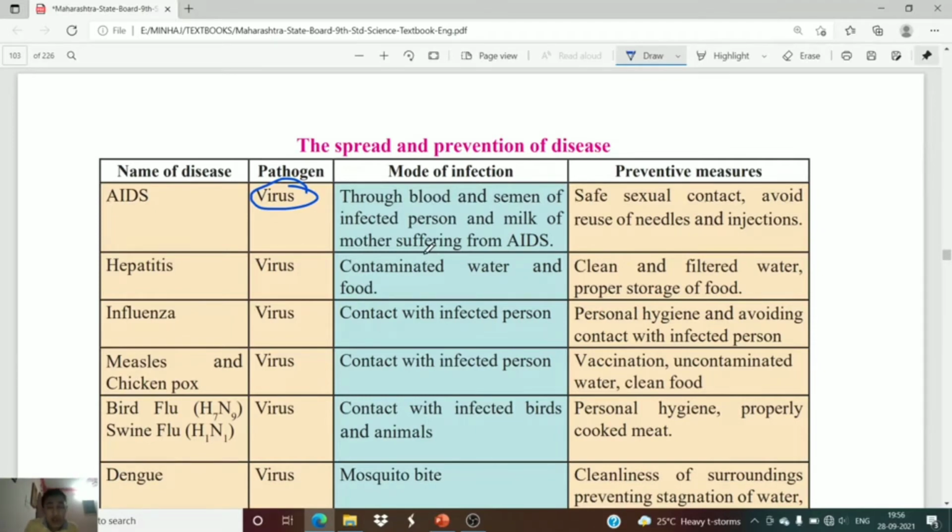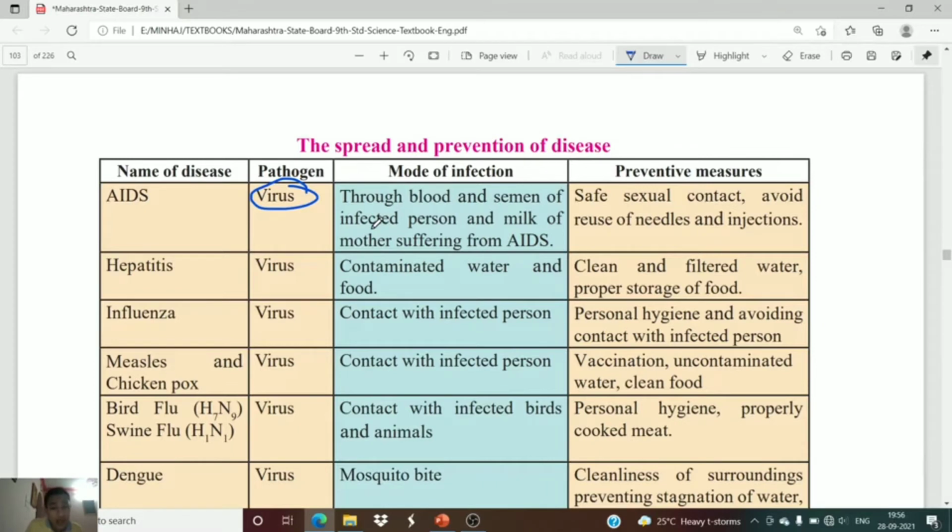So if sexual contact has taken place between two persons and one of them is infected, then definitely the other is going to be infected by the virus. Now the third is the milk of the mother who is suffering from AIDS.